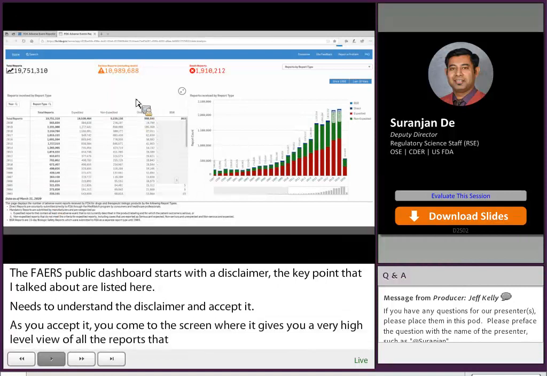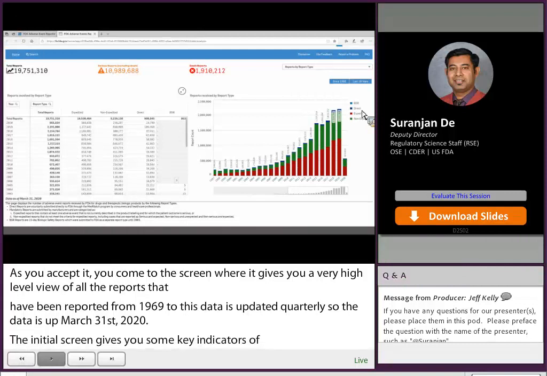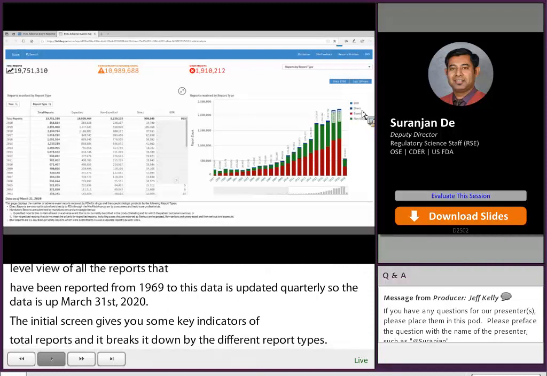The initial screen gives you key indicators of total reports, total serious reports, and total death reports in FAERS, and then breaks it down by report types. Direct reports have come directly to FDA from patients, consumers, or healthcare professionals. Expedited and non-expedited are industry reports, which have come from manufacturers.